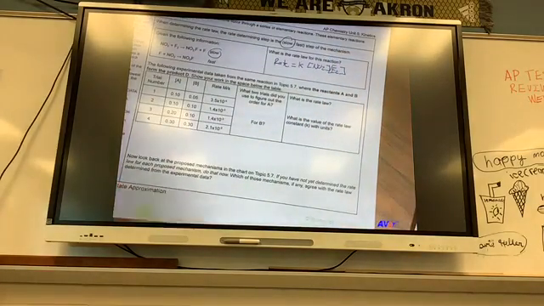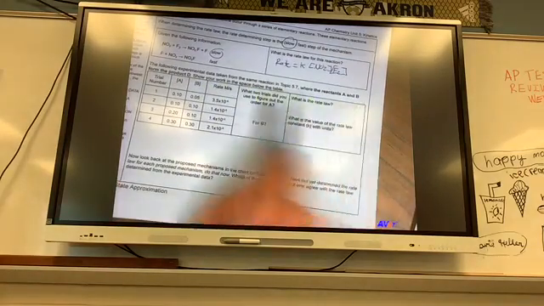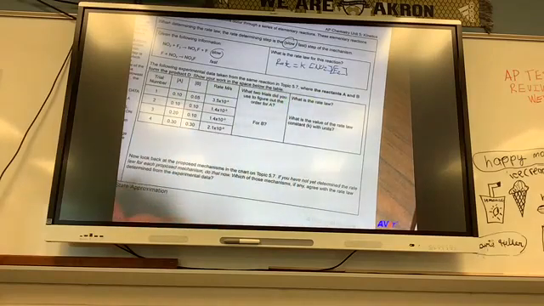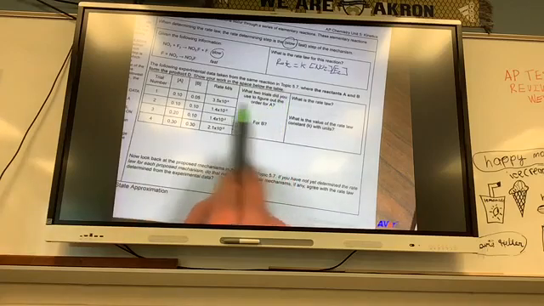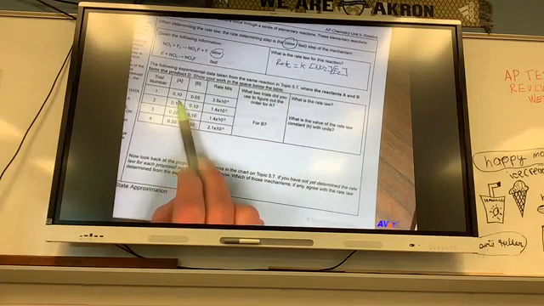Okay, following data is taken from the same reaction where the reactants A and B form D. Show your work in the space below in the table. So, once again, which two trials did you use to figure out for A? A has to stay the same, and B has to change.